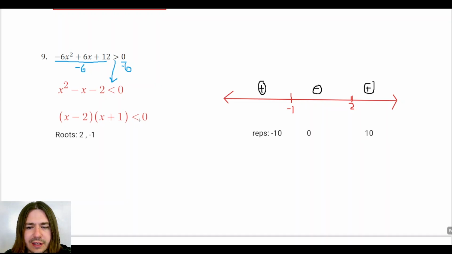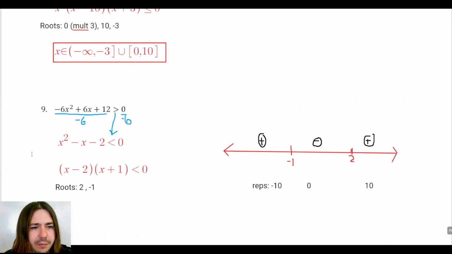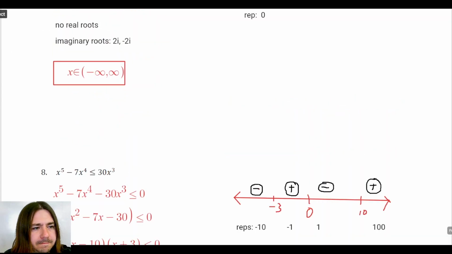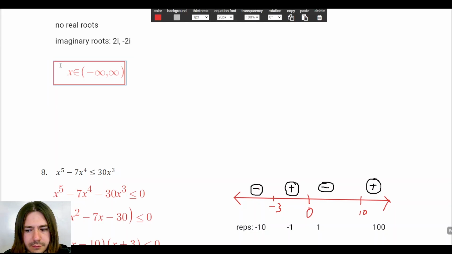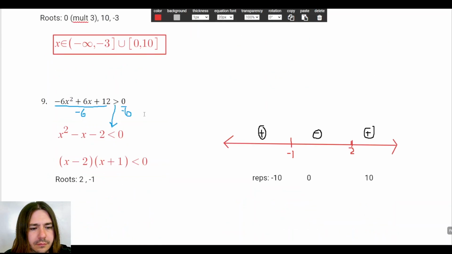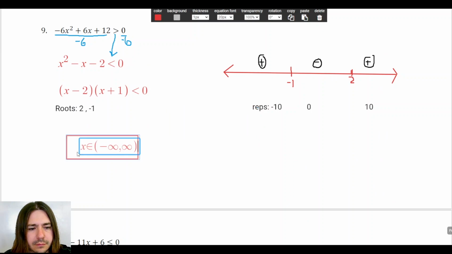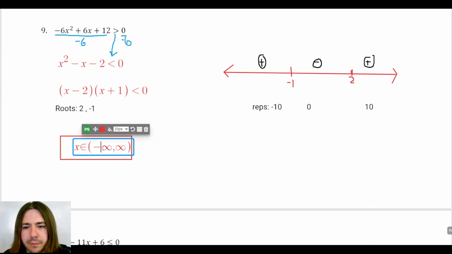And we want to know when this is less than 0, so it's just going to be in between here, in between -1 and 2. So I'm going to get x is an element of this set, in between -1 and 2.